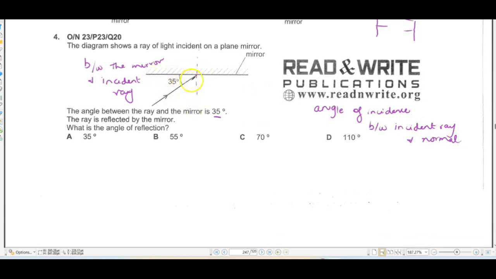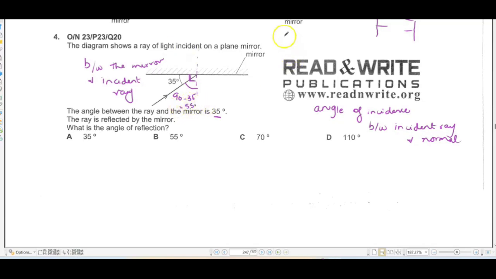Okay? So once we've understood this fact, now we know that this angle is 90 degrees. We can see that this is a 90 degrees angle. So if 35 degrees is this, this would be 90 minus 35, right? So this is going to be 55 degrees.